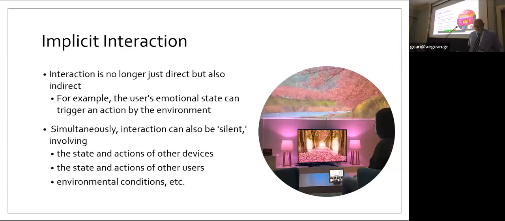Actions of the environment and the system in it can be caused by a variety of factors beyond the control of the user themselves, such as the state and action of other devices and the state and actions of other users, or even by the environment itself.